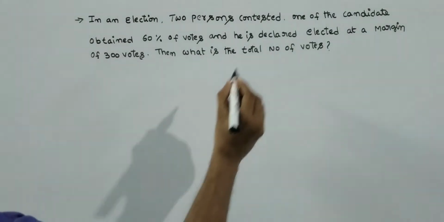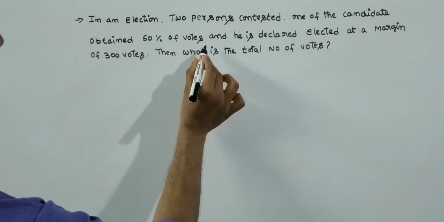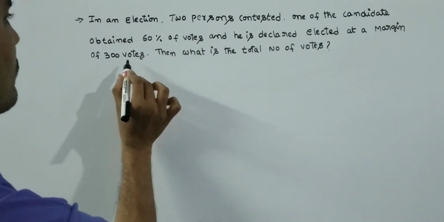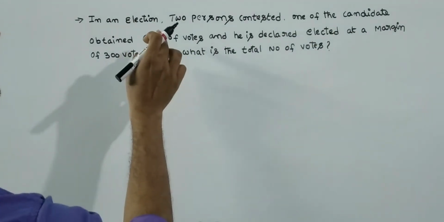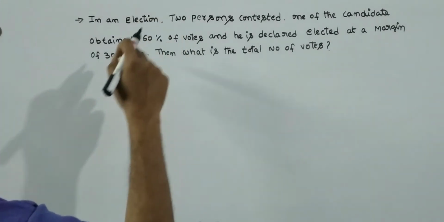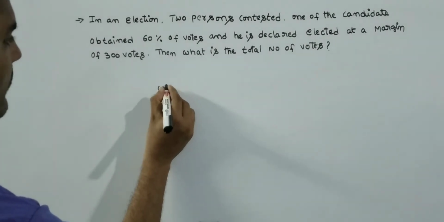See friends, one of the candidates obtained 60% of votes and he is declared elected at a margin of 300 votes. This means this candidate got 300 votes more than the other candidate. First, winning candidate votes: how much?